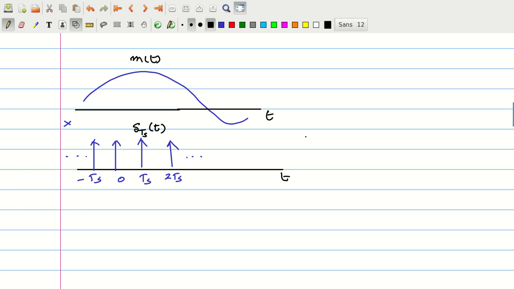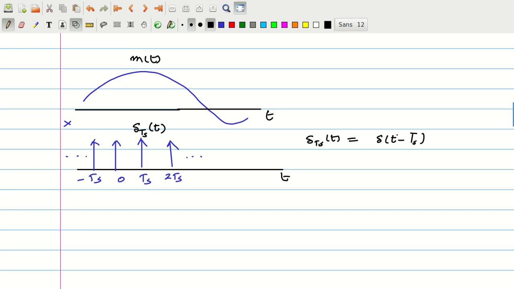So to see that, let us first represent the impulse train mathematically. This impulse train comprises impulses occurring at 0, that is delta t, impulse occurring at Ts, that is delta t minus Ts, the impulse occurring at 2 Ts, that is delta t minus 2 Ts, impulse occurring at t equal to minus Ts, that is delta t plus Ts and so on.